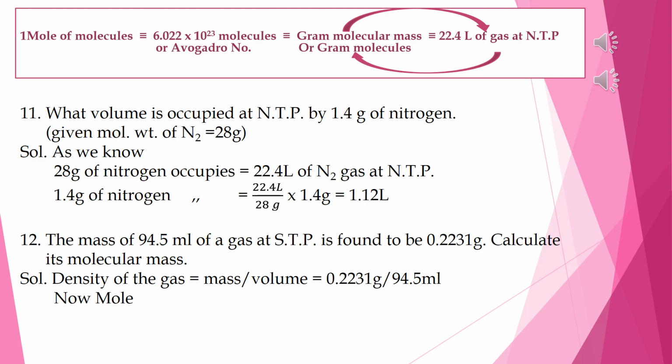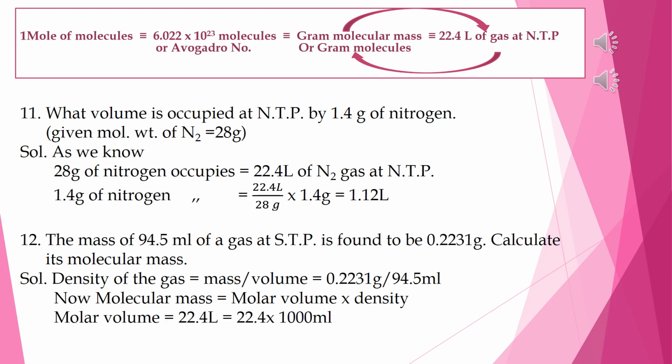Now we have a formula that molecular mass is equal to molar volume multiplied by density. Here the molar volume is 22.4 liter, and in milliliter it comes out to be 22,400 milliliter. Therefore the molecular mass is equal to molar volume multiplied by density, that comes out to be 52.9 gram.